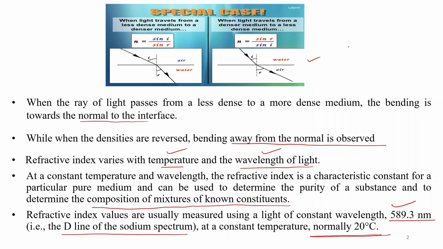We write it this way: D is the sodium wavelength, and the temperature is 20 degrees Celsius. So the D line of the spectrum, that is 589, here n 589 20. This way also we can write.